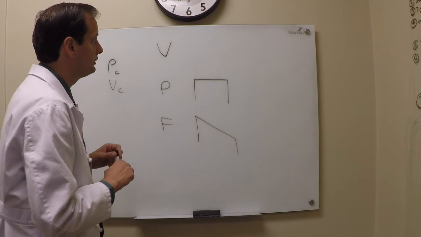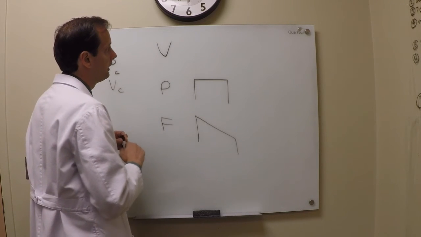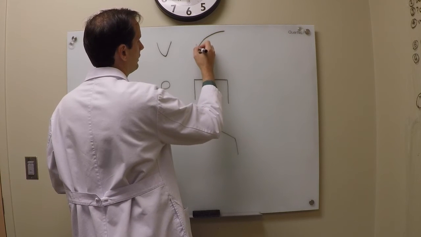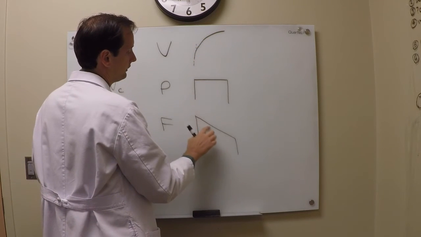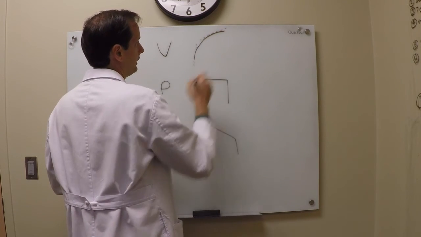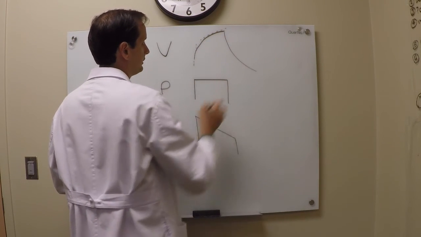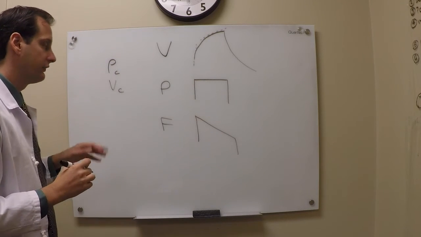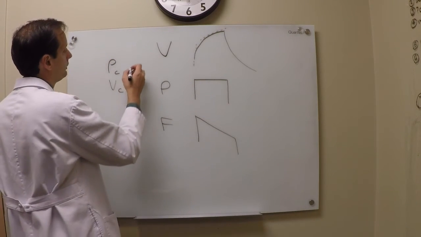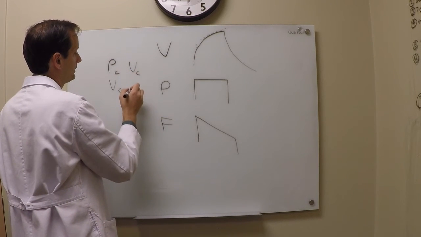As a result, your volume is going to start off with a very high slope here, and as the flow goes down, that slope is going to lessen until you reach expiration.